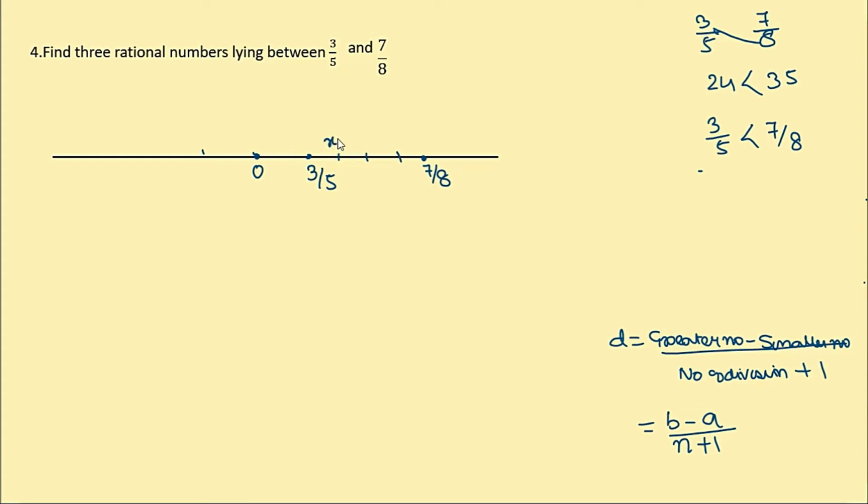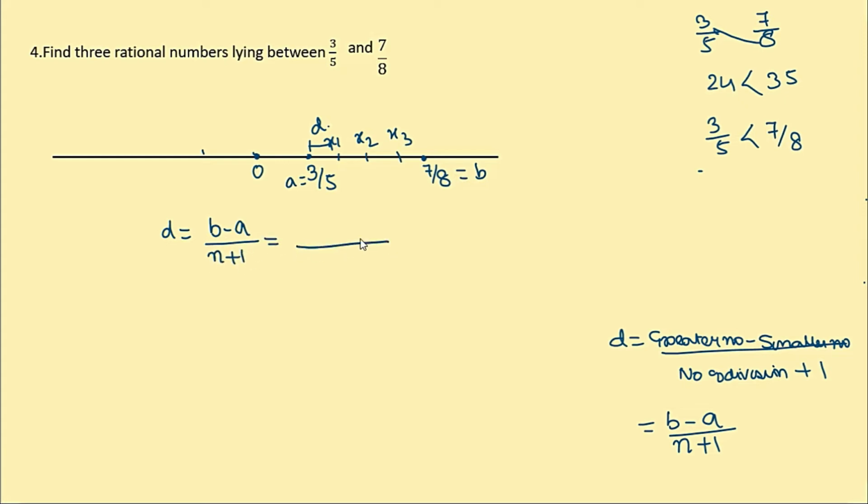So this is x1, this is x2, this is x3. So a equals 3 by 5 and b equals 7 by 8. The distance between a and x1, if it is d, then d can be found out by (b minus a) divided by (n plus 1).